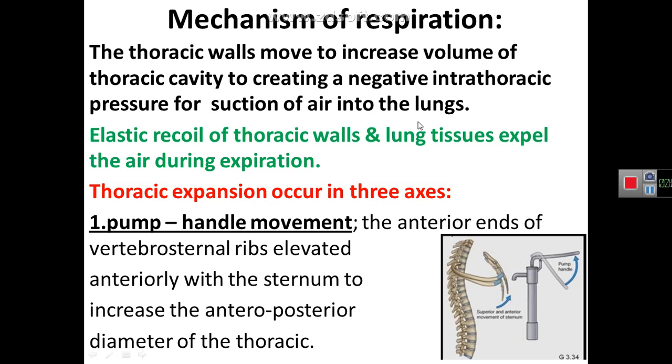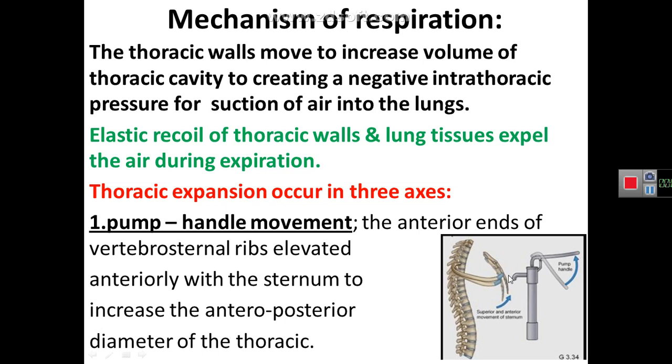This expansion of the volume of the thoracic cavity occurs when the obliquely lying ribs, you know that all the ribs are obliquely lying, are elevated upward by the action of the muscles of respiration, which are extrinsic and intrinsic muscles of the thoracic cage.